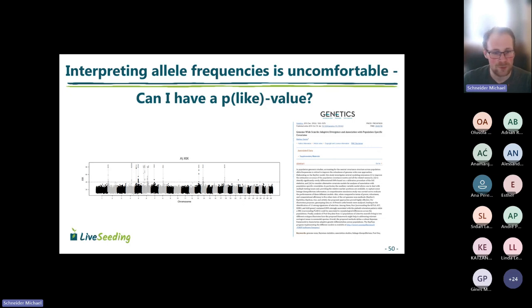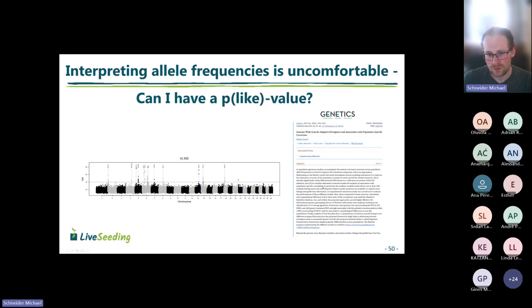Can't we go back to more true scenarios where I get just a simple probability score, a p-value, which is indicating to me, okay, this region here has been affected by, for example, adaptation by selection? Yes, there is.